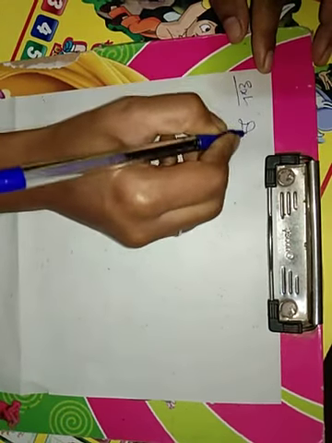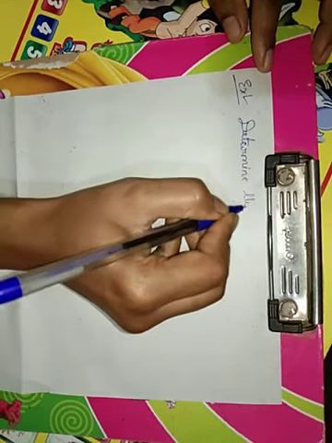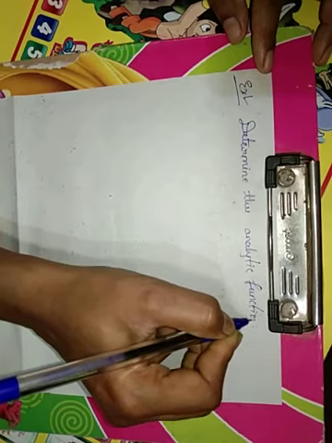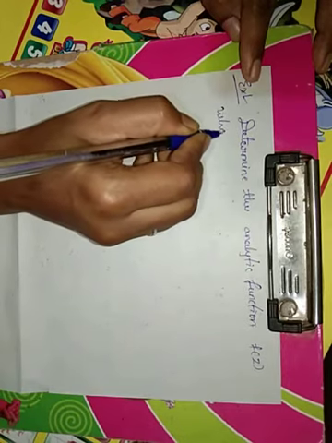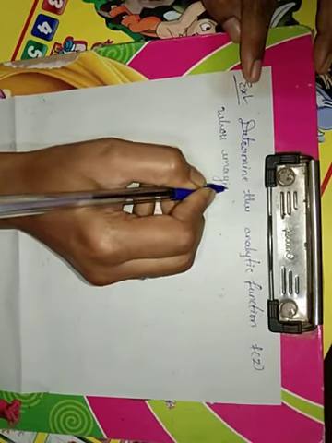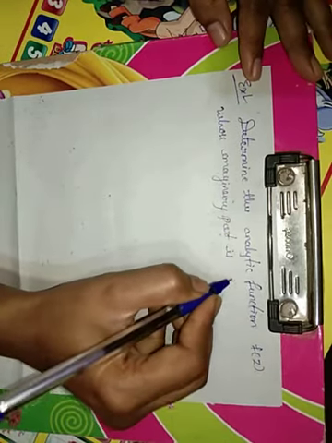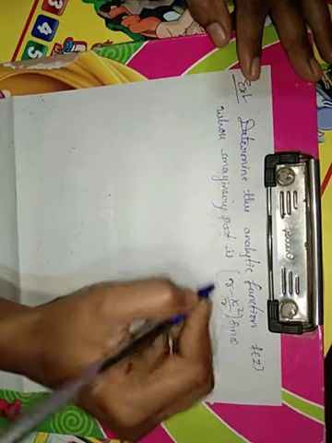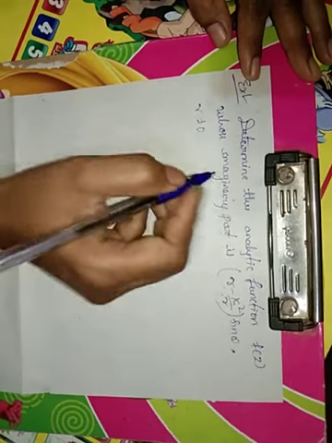So now take down the next example. Determine the analytic function f of z whose imaginary part is (r minus k square divided by r) sin theta, and r is not equal to 0.